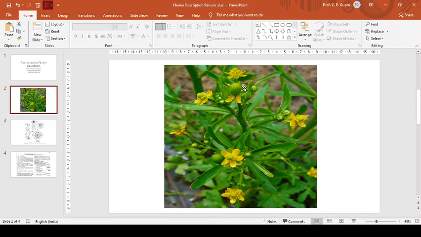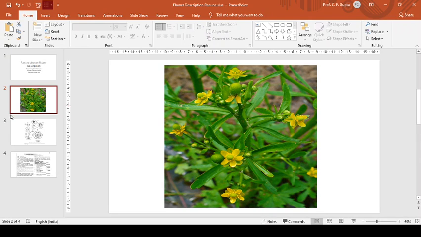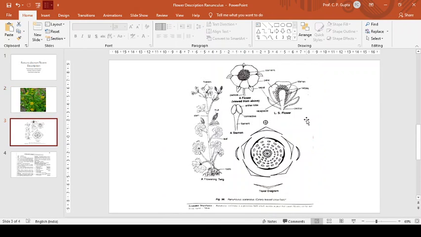This is a flower, bracteate. This is another species, or maybe a subspecies, of Ranunculus sceleratus. There is a difference in the leaf. Flower bracteate, bracteolate. These are bracteoles. This is the bract.